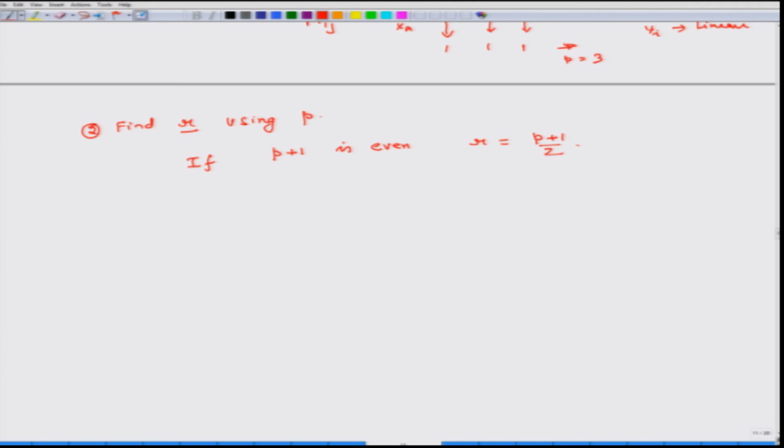If P plus 1 is odd, then R is equal to (P plus 1) by 2 plus half, because R cannot be a fraction. So you go to the next order. This is how you figure out R.